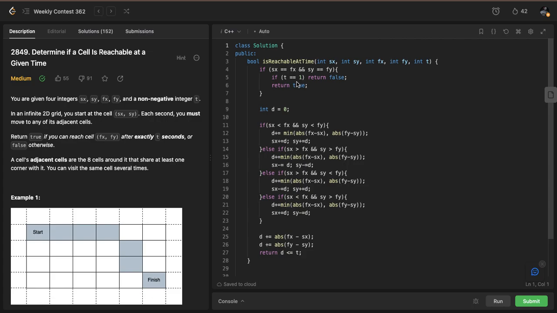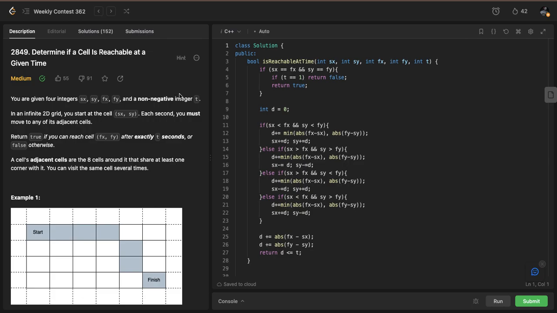The code is saying that, yeah, there is one more thing that I forgot in the question. It is saying that we must make a move, right? So even if at the beginning we are lying on our objective and the time hits one, we must make a move. So the only way we can count it as true is if we move away and move back.